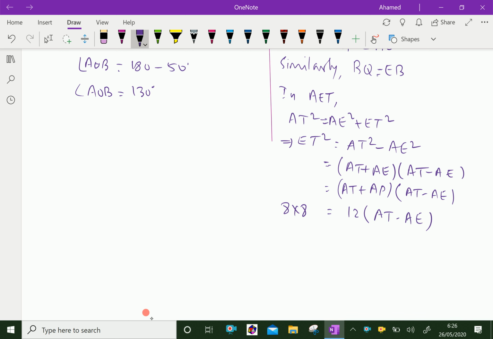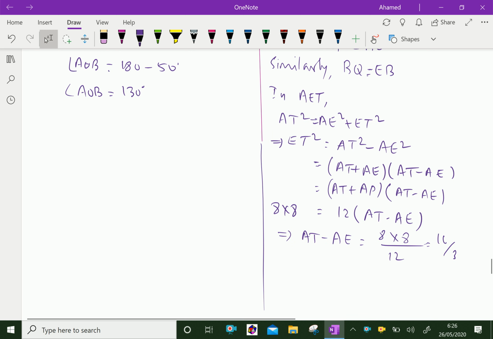So we can write 8 into 8 is 12 into AT minus AE. Therefore AT minus AE equals 8 into 8 over 12, which equals 16 by 3. Let it be equation 3.